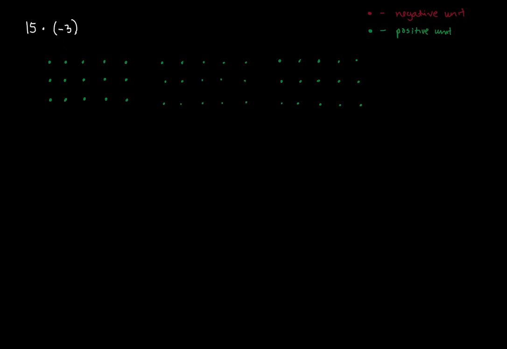And if you counted all of those up, if you do normal multiplication, you know that 15 times 3 is going to give you 45. But the issue is that I actually have this negative 3 to worry about. I have this negative that I haven't taken into consideration yet. So I'm going to switch all of those 15 that I multiplied by to red dots.